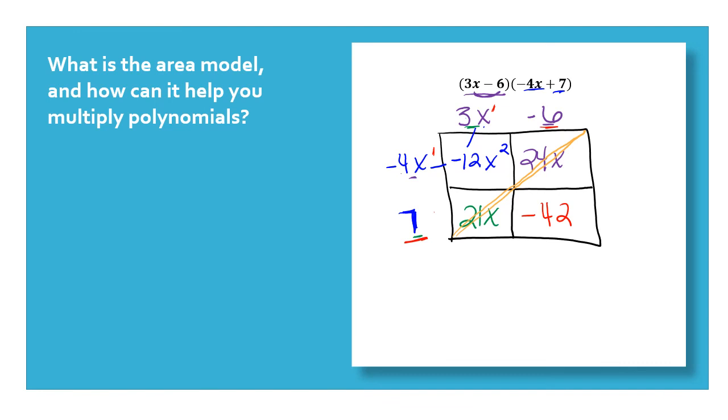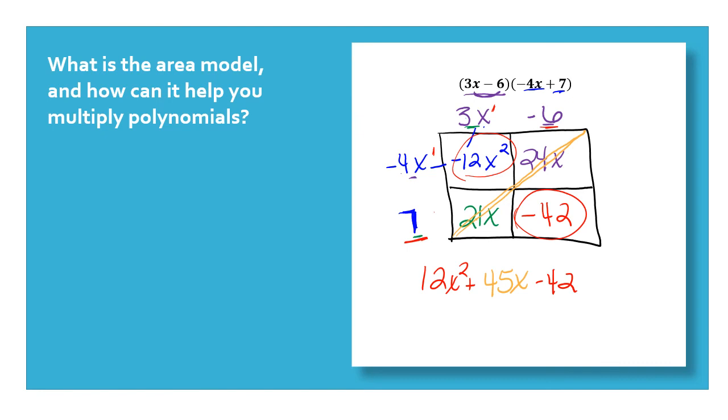Anything that this line crosses gets added together. So I'm going to add together 21x and 24x, and I get 45x. Now, there's nothing that goes with the x squared, so I'm going to do negative 12x squared. And then there's nothing else to add to the 42, so I'm going to do minus 42.